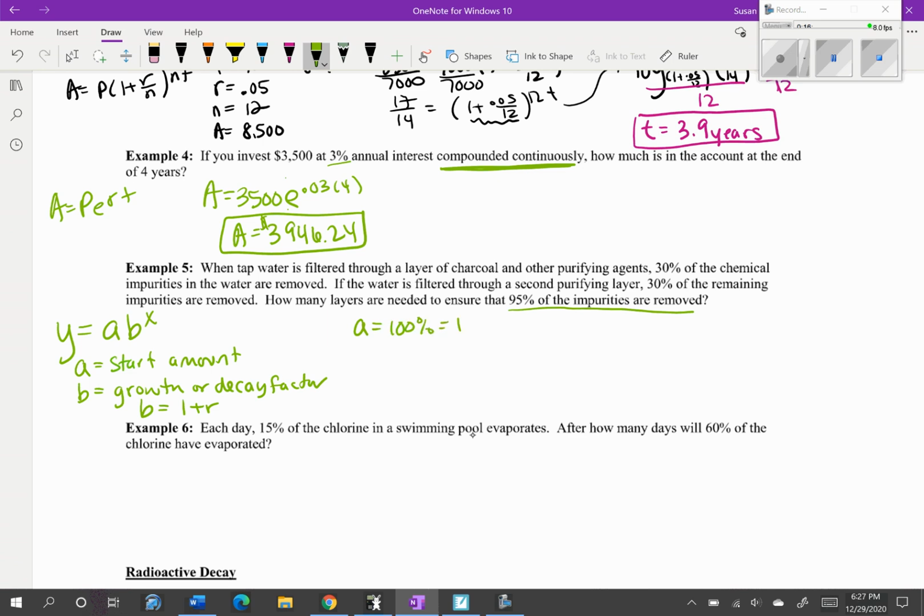And our rate, in this case, says that 30% of the chemical impurities are removed. So minus 30% or minus 0.3. So then in this case, x is going to be the number of layers removed.